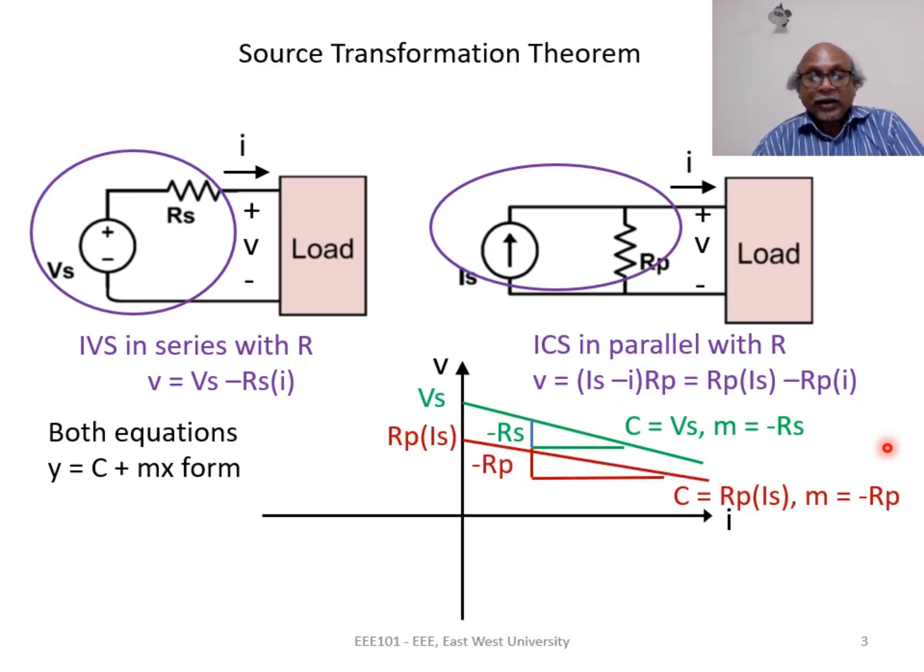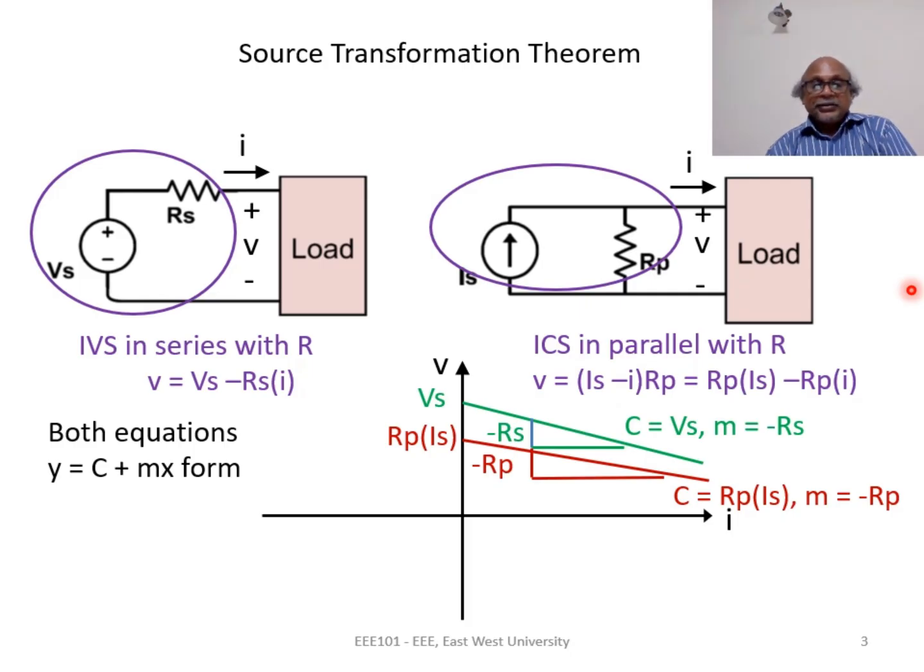So if we draw the graph, it looks like this. C is RpIs and the slope is minus Rp. From the graph, we see that now both IV characteristics are similar. They have a constant value for zero current, and as the current increases, the voltage decreases linearly.